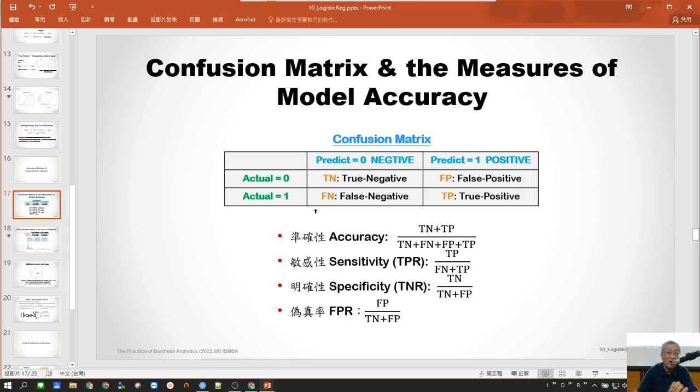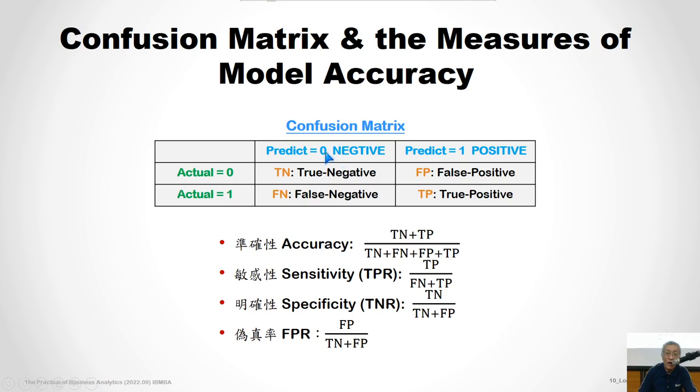Usually, when we predict it as 1, we say positive, and when we predict it as 0, we say negative. So this is the prediction, and this is the actual value.